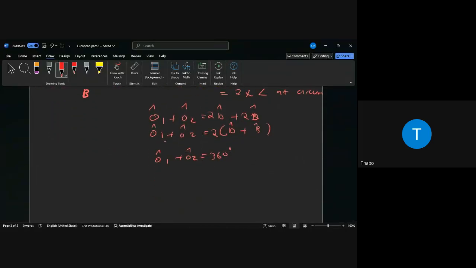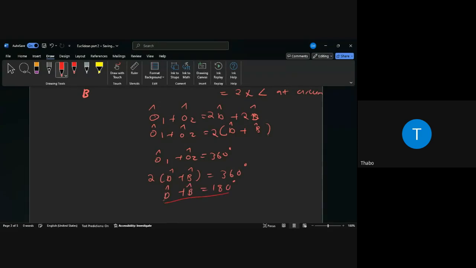So since O1 plus O2 is equal to 2 into angle D plus angle B, I can say 2 into angle D plus angle B is equal to 360 degrees, because it's equal to O1 plus O2. Are we together, guys? So if I divide by 2 both sides, angle D plus angle B is equal to 180 degrees.